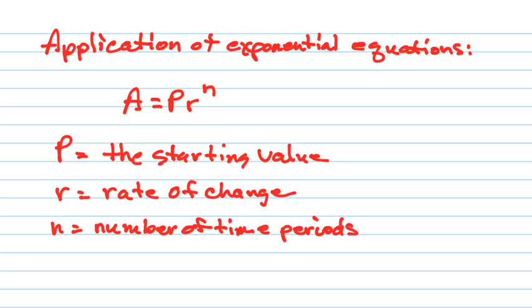Annually? Semi-annually? Twice. Semi is twice. Biannual, the same difference. Monthly? 12, right? So for the number of time periods, it's very important that you convert those.